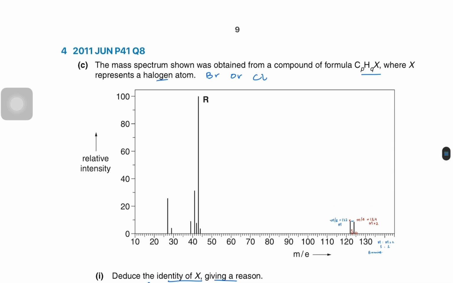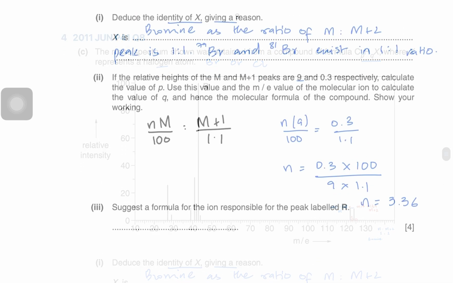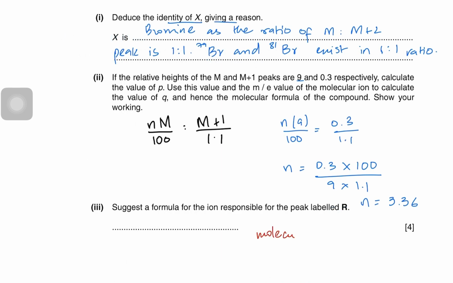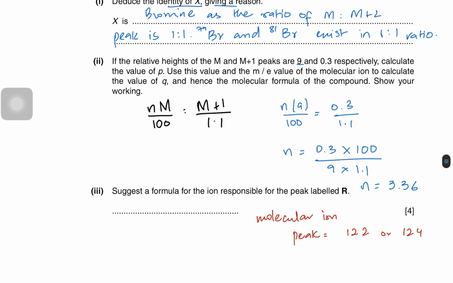You can notice that bromine is already there and the molecular mass has to be 122-ish. So the molecular ion peak already has a mass of 122. We know that a bromine atom is already there. So let's suppose we consider the 122 peak and 79 units of bromine.